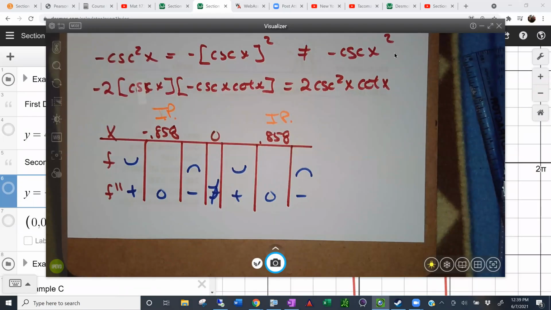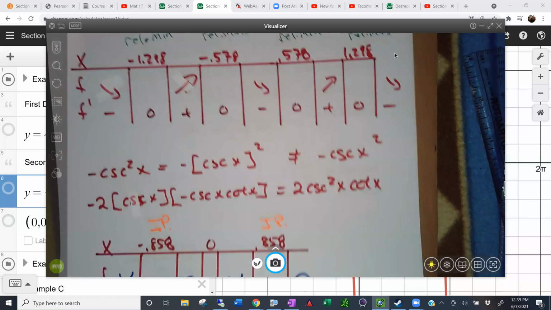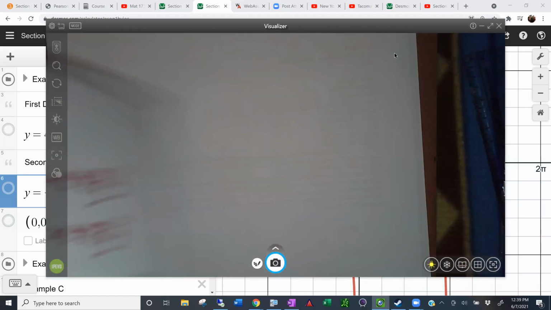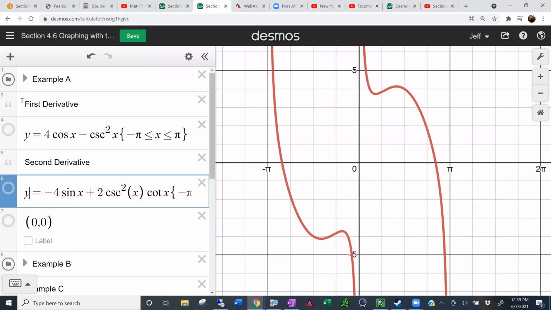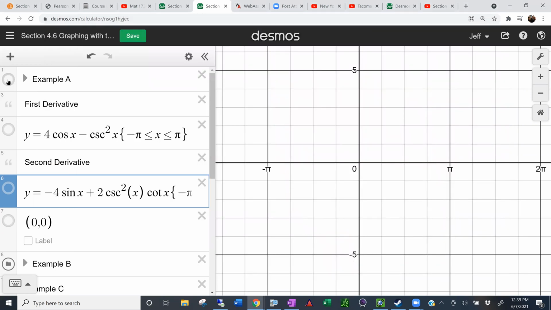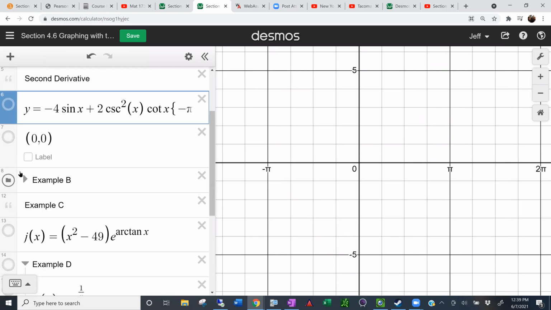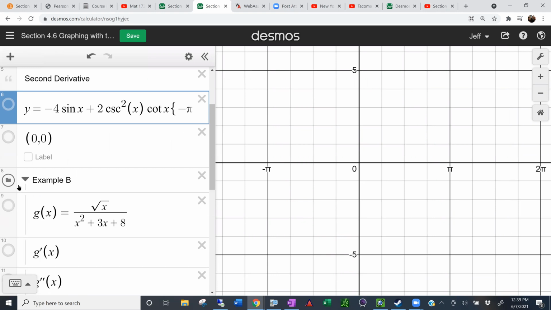Let's see. Let's go to our function. And let's just do it over here. I'm going to shut off my previous examples. And then let's go down to example B here. Yeah, that one's defined. Okay. So there's example B. And we'll turn on the graph of the function.